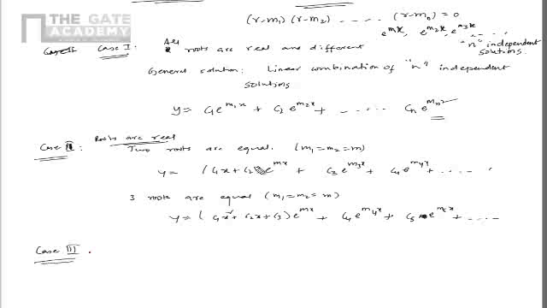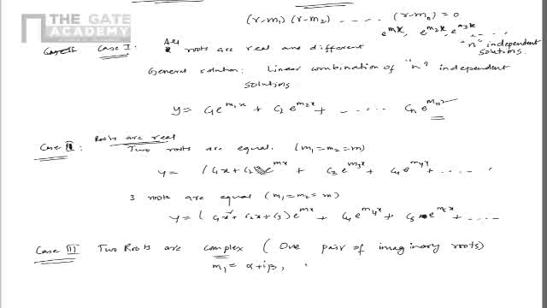Now case 3 is when two roots are complex, because complex roots appear in pairs. So say you have one pair of imaginary roots. If you have that case, then the solution will be, let's say m1 is alpha plus i beta, and m2 is alpha minus i beta.